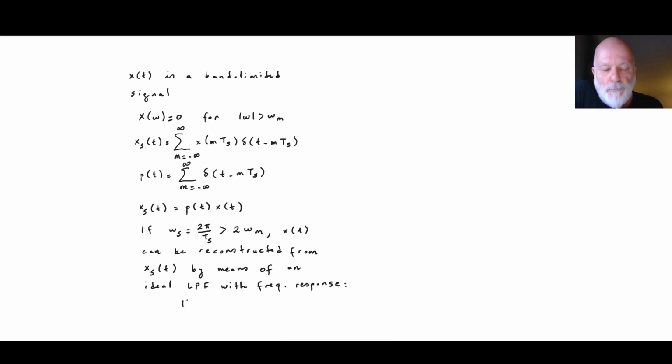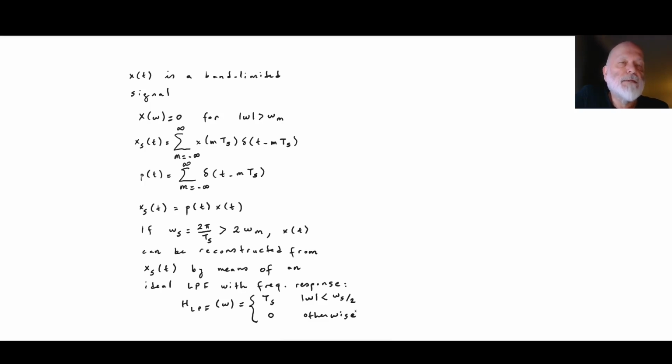H, or let us call it h sub LPF, meaning we have the low-pass filter action. This is equal to Ts for absolute value omega less than omega s over 2 and 0 otherwise. So if xs of t is applied as the input signal to this ideal low-pass filter, the output is x of t.